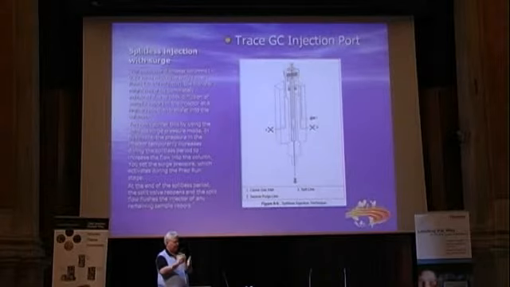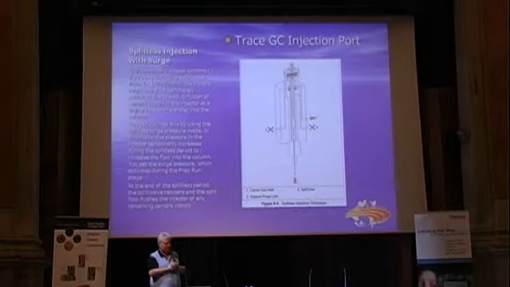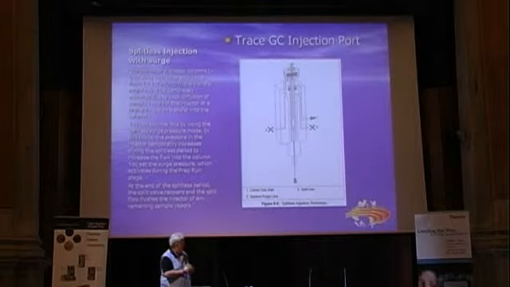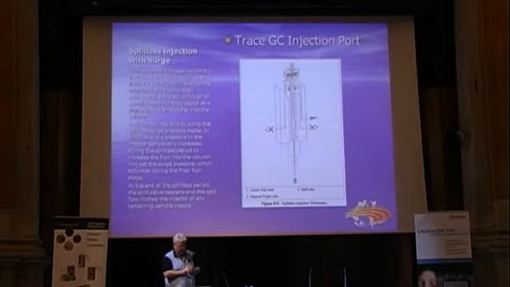The problem is getting your deca BDE onto the column is not very effective in a split-splitless mode. People have used direct on column injection. They've gone to the shorter columns. This part that I've put in here is straight out of the Thermo manual, and it explains very clearly how the pulse pressure mode runs.